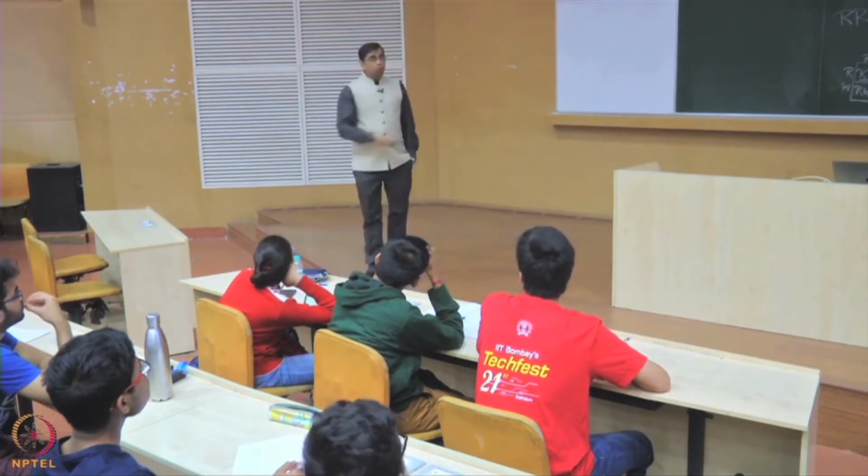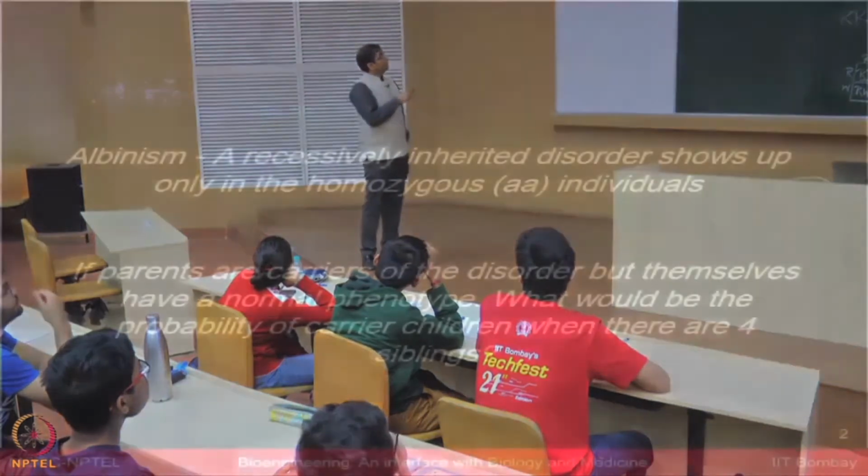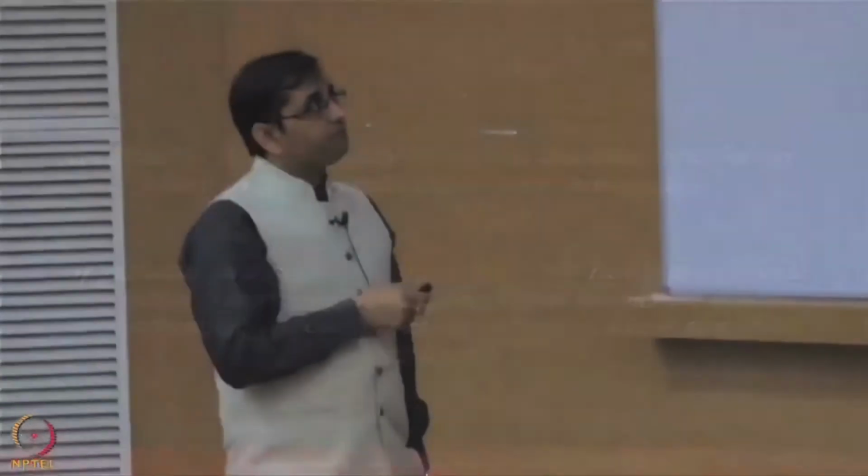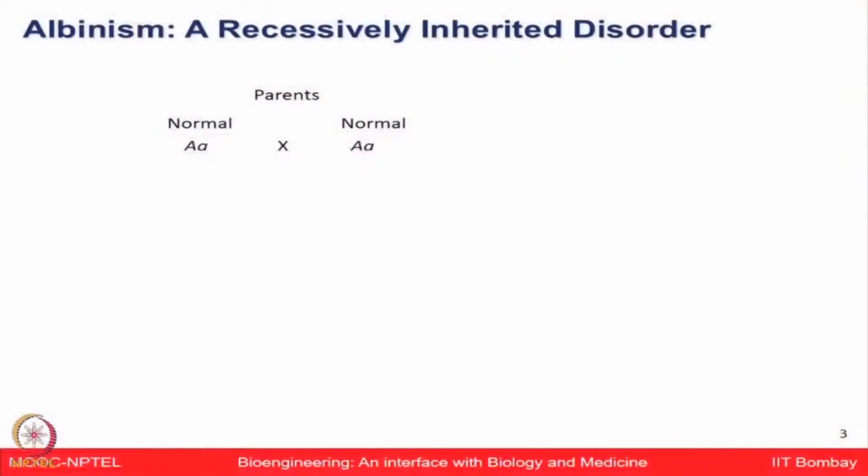So please do a cross yourself now. If there are parents who look normal, but they are carriers of this albinism disorder, so they have a normal phenotype, what would be the probability of their children being a carrier for this particular disease, as well as how many of them will be totally albino?